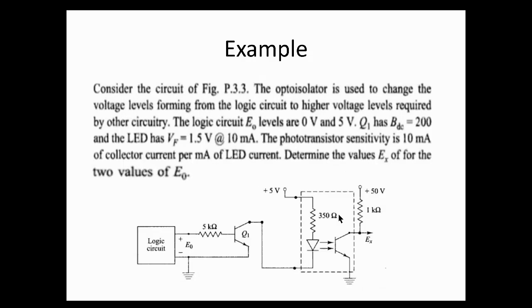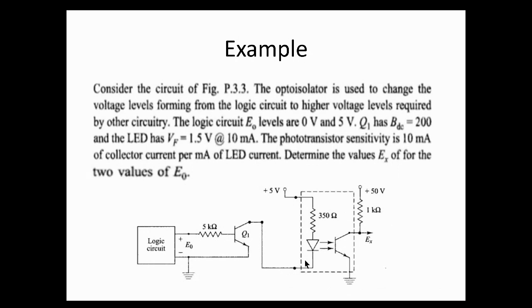All right, so you can look at this example. Right, so we have our logic circuit, could be a microcontroller here. And we have a 5 ohm resistor and we have a transistor Q1 connected here.